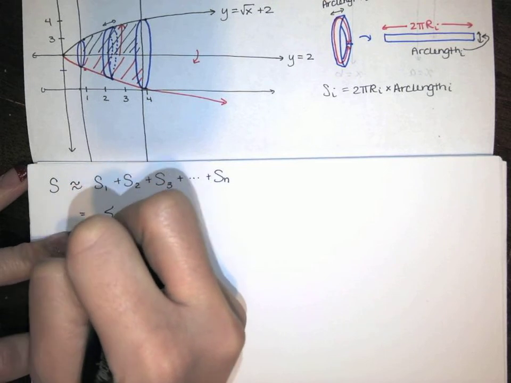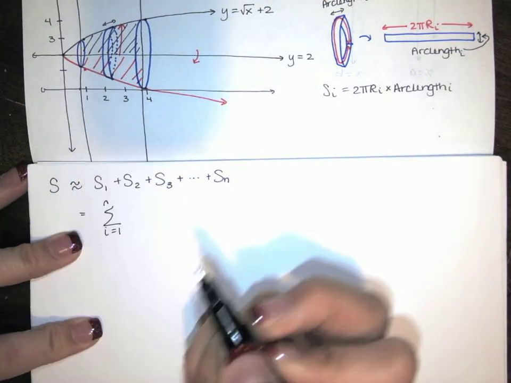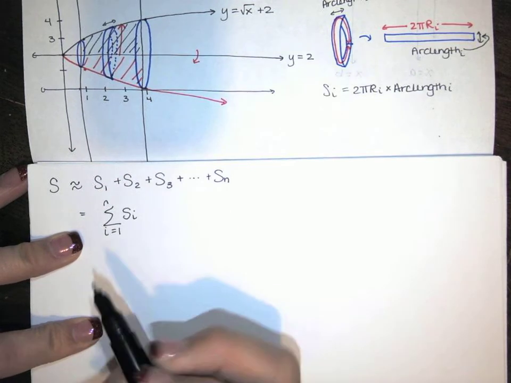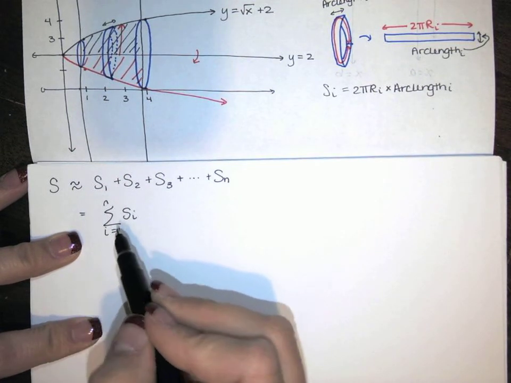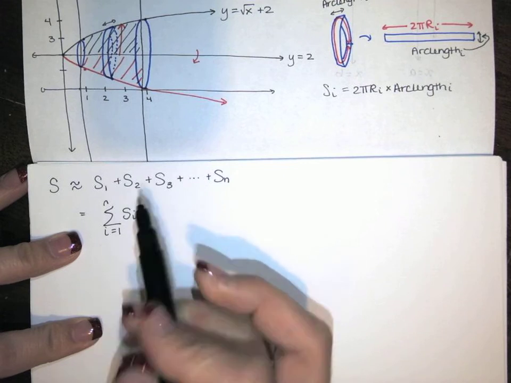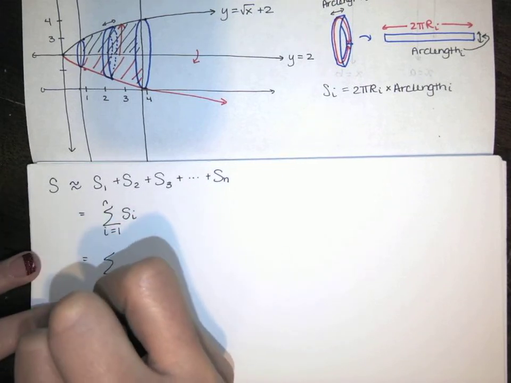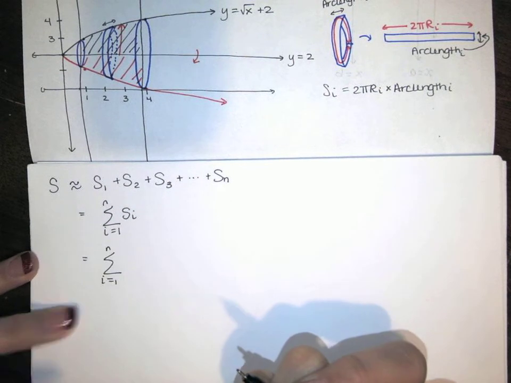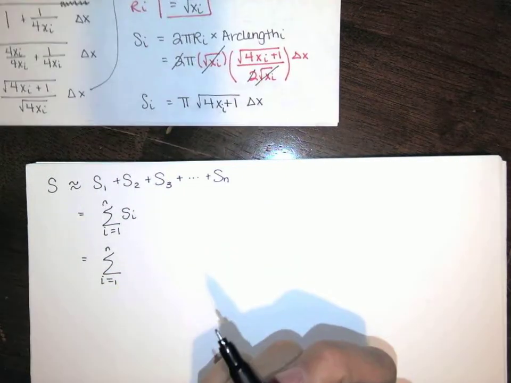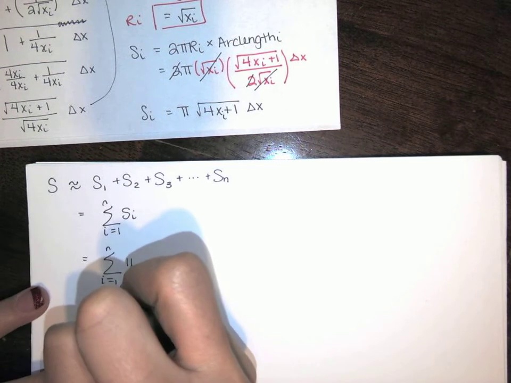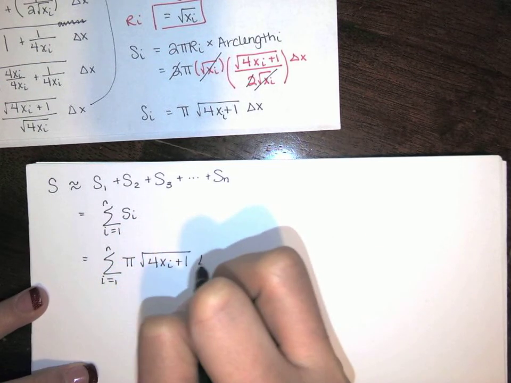Somebody already did. We sum this as i goes from 1 to n for s sub i. So I plug in i equals 1, I get s sub 1. Then I add. Plug in i equals 2, I get s sub 2. And we keep going until we get to n. Now we just saw that s sub i is this. We did all that work. So s sub i is pi times the square root of 4x sub i plus 1 times delta x.